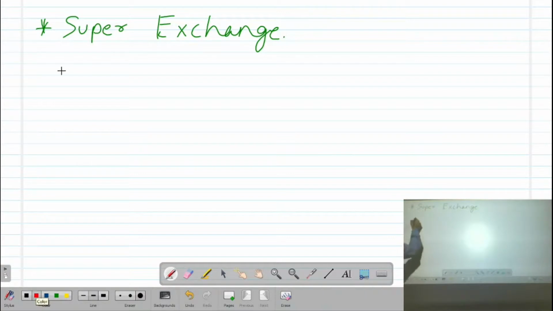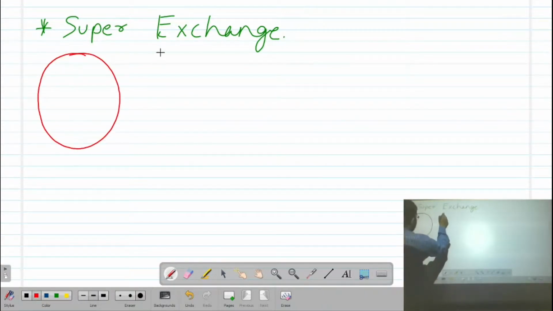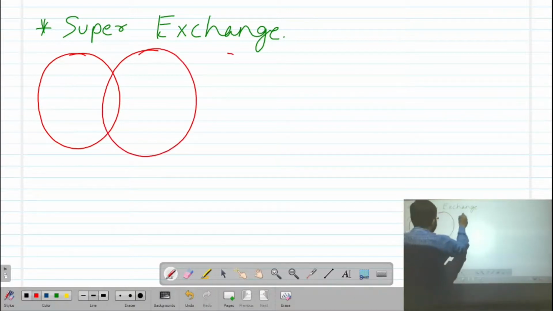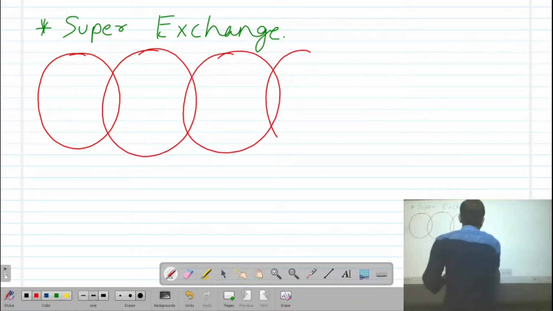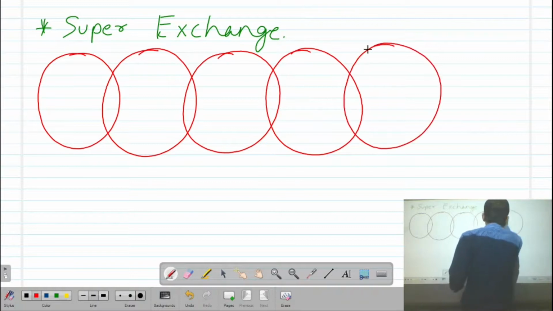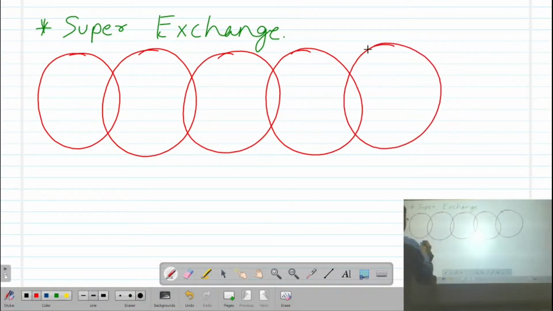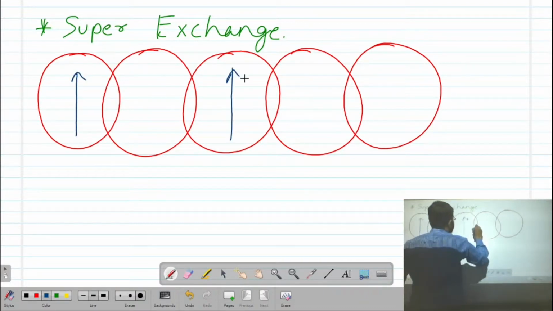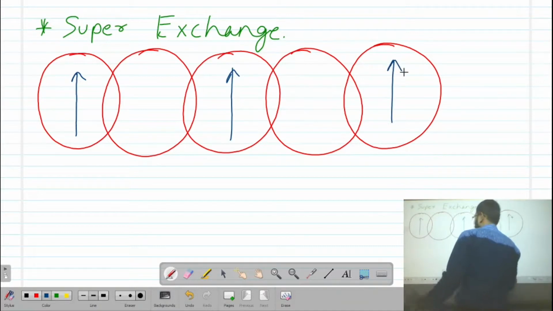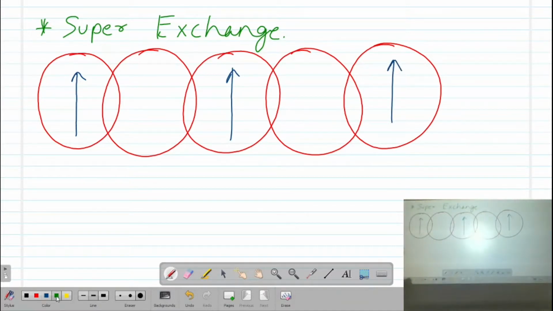If we see the diagram of super exchange, then you have a similar kind of overlapping, but the difference is you will only have magnetic dipole moments in the alternate ions.